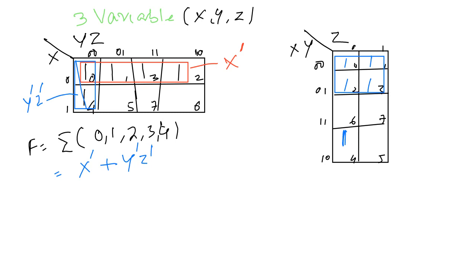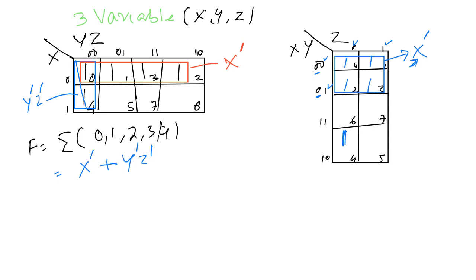Now for four of them, you see, x has 0 and 0, so we have to mention x dash. Y has 0 and 1, both of them, so we'll neglect y. Z has 0 and 1, both of them, so we'll neglect z. It's just x dash. Clear, all of you?